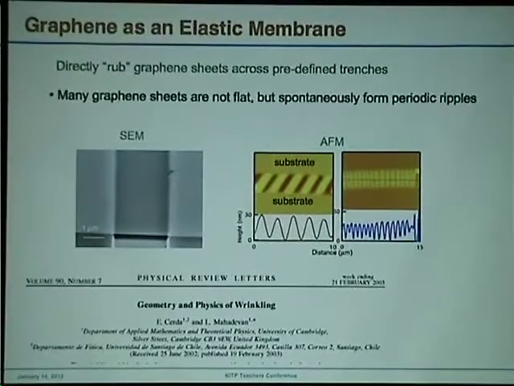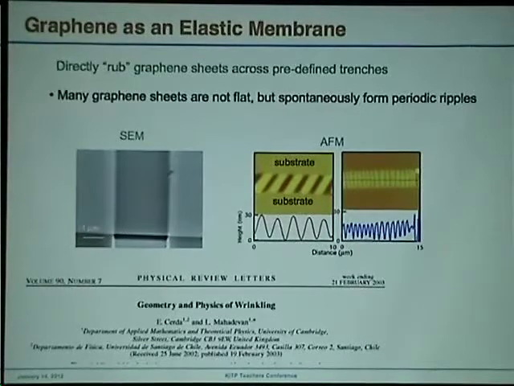It's a basic competition of energy: you can stretch something, but if it's so stiff, it goes up into the third dimension. You see it in everyday life. This is a good demonstration: you take a piece of Saran wrap and stretch it, and you see the ripples start to form, somewhat periodic, right?